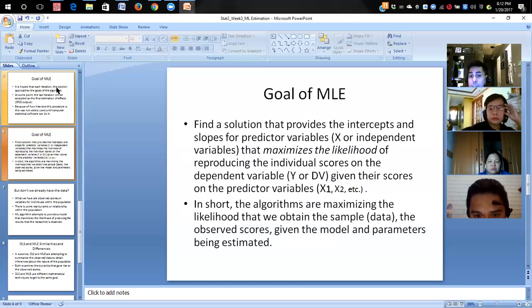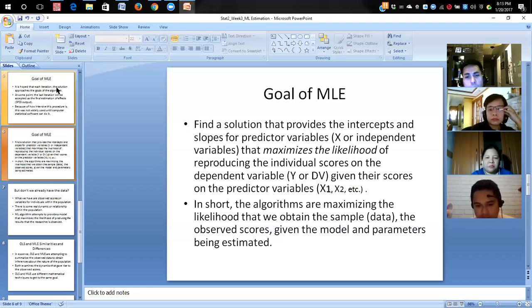The predictor variable is always the independent variable that maximizes the likelihood of reproducing the individual scores on the dependent variable, which is your y or DV, given their score on the predictor variable. This is now when you do a multivariate analysis, when you have more than one independent variable, represented by x1, x2, etc.